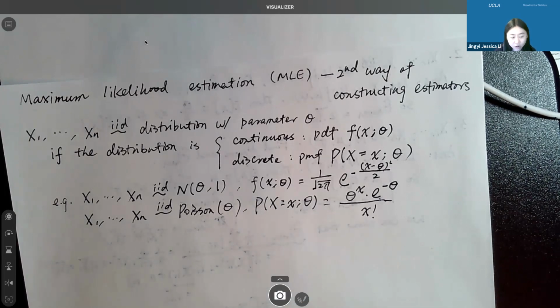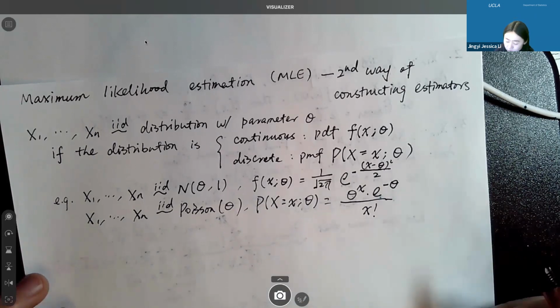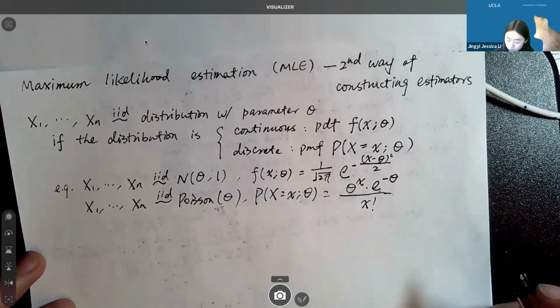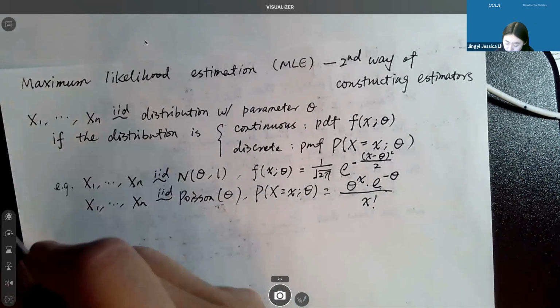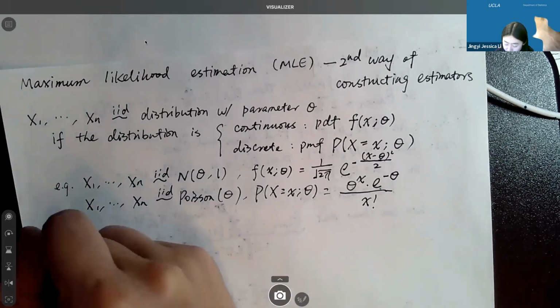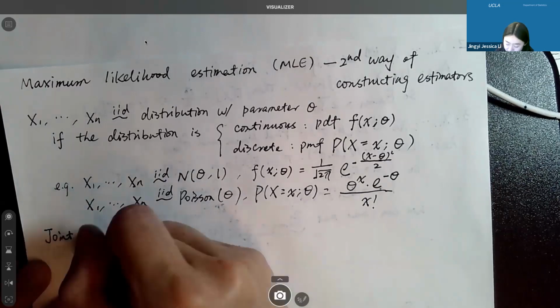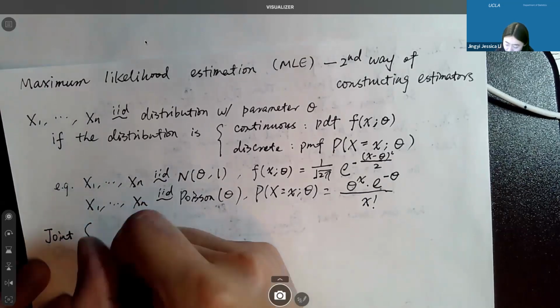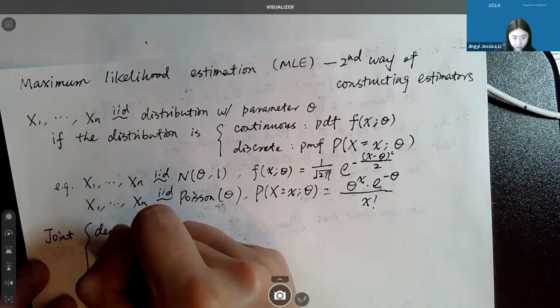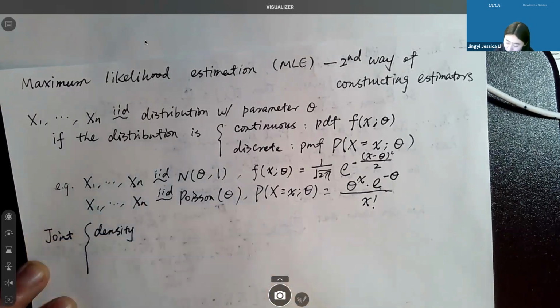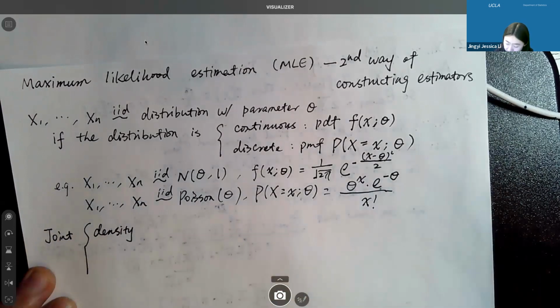Okay, so with this, what's the idea of MLE, maximum likelihood estimation? To define a likelihood, let's first think about the joint density. The joint density function, if it's continuous, is defined as this thing.